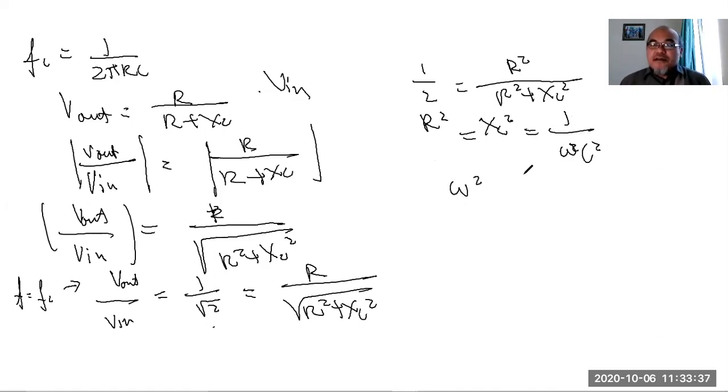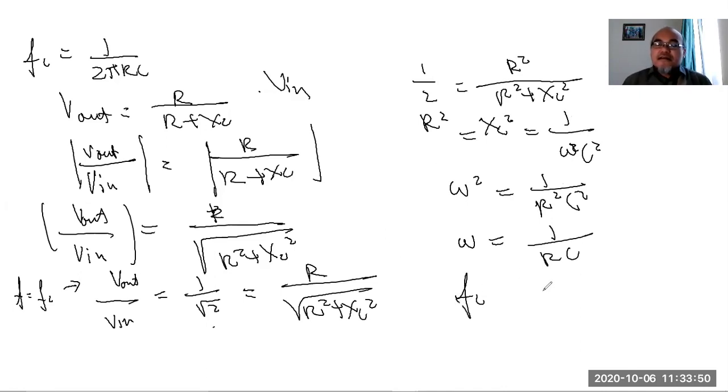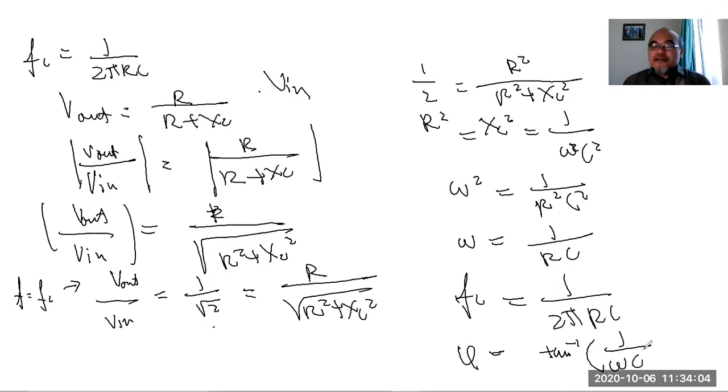Then omega square equals 1 over R square C square, or omega equals 1 over RC. So here Fc equals 1 over 2 pi RC. And the phase change will be equal to arctangent of 1 over omega CR.